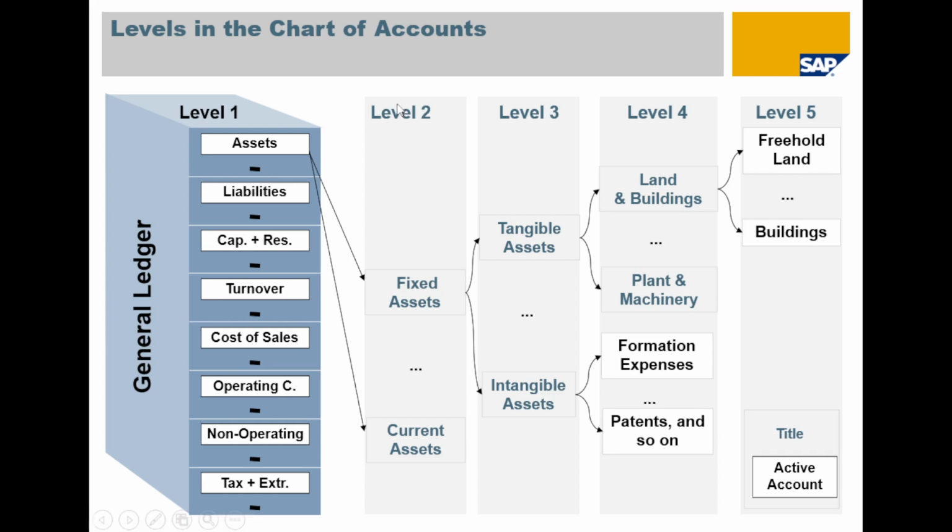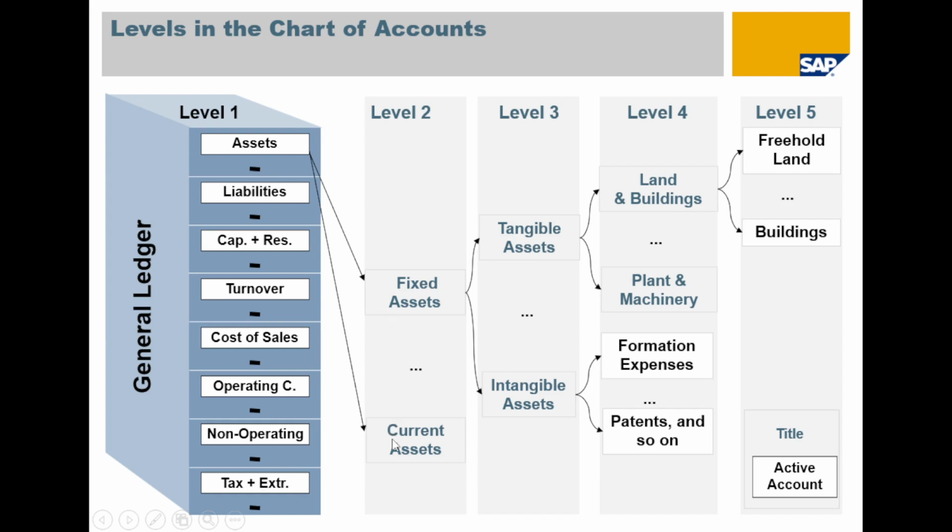For example, here we have the level 1 classification, that is the drawer for assets. The second one would be level 2, which is another container inside that container to organize things. For example, in the assets we have fixed assets and then current assets.